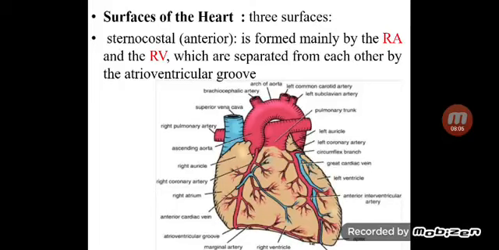It is formed by the right atrium and right ventricle, which are separated from each other by the atrioventricular groove, and we will talk about this later in this lecture.